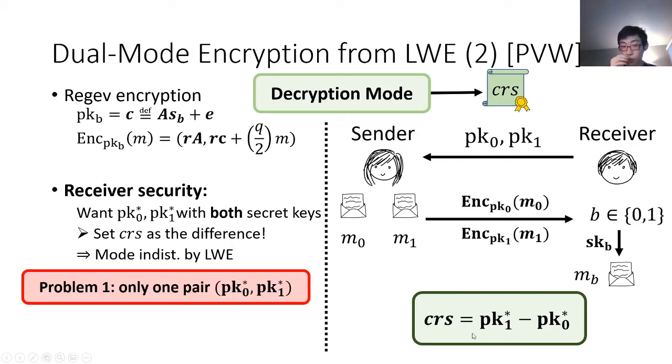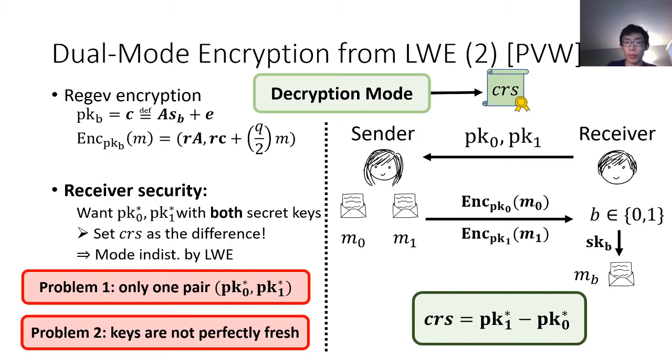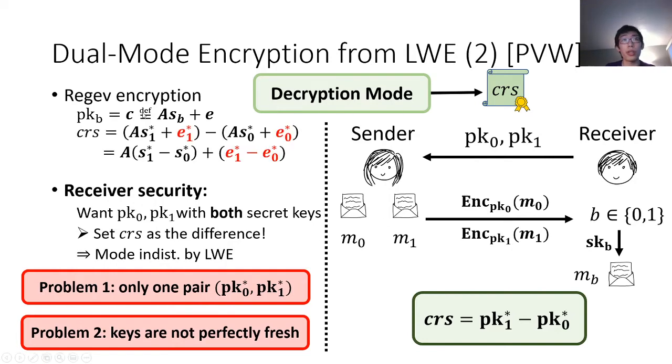But there are several problems. First, the simulator can only output one single pair of PK0 star and PK1 star because they are kind of hard-coded in the CRS. And the second problem is that the keys that the simulator produces are actually not completely fresh. The reason is that the CRS is computed as a difference of true public keys, so true LWE samples, and there's some correlation between the noise in the CRS and the noise that is used in the public keys.